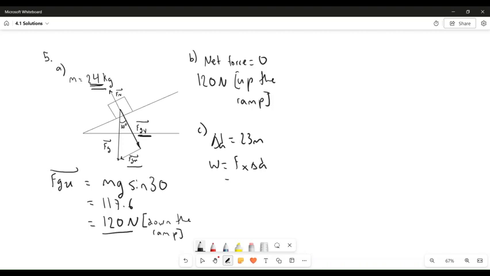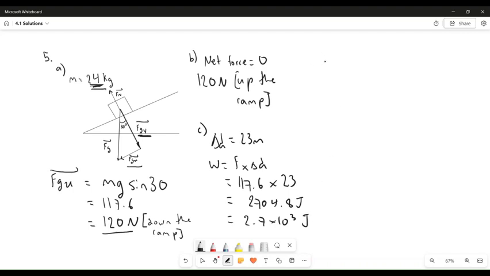And all we have to do here is we'll do 117.6 times the displacement 23, and that is going to give us 2704.8 joules. And because, again, two significant digits, we'll write it as 2.7 times 10 to the power of 3 joules.